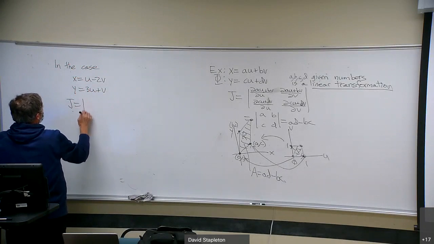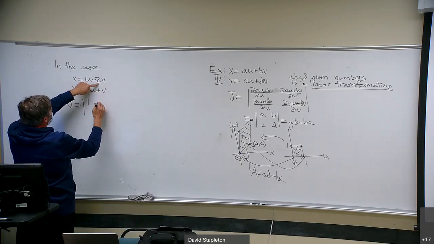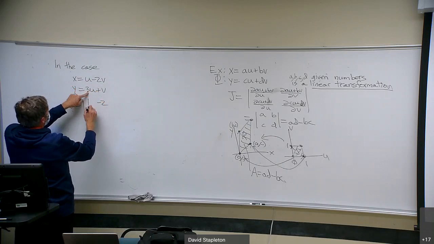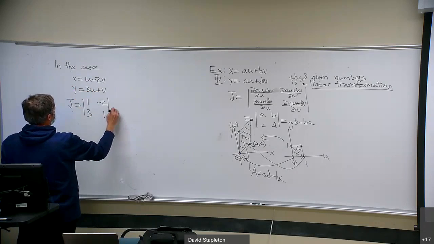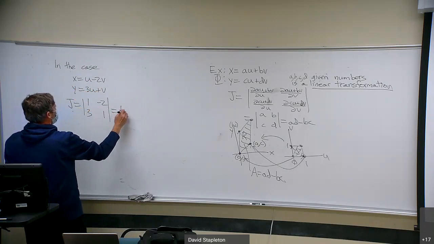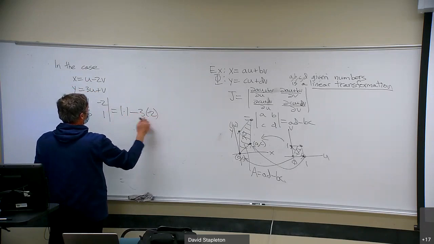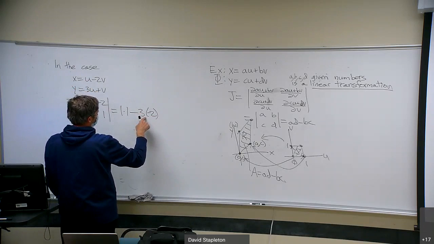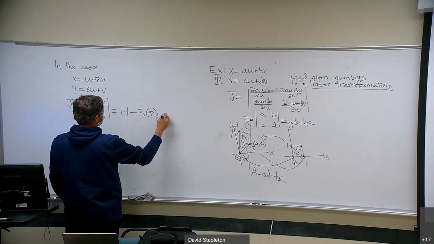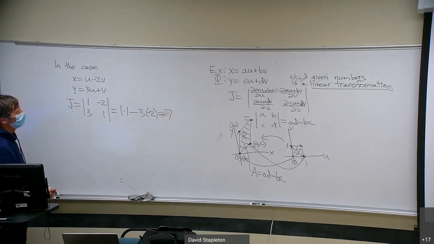The Jacobian is just the partial of this with respect to u is 1, partial of this with respect to v is minus 2, partial of this with respect to u is 3, partial of this one with respect to v is 1. You get this for the Jacobian, and then you take this times this, 1 times 1, minus this times this, 3 times minus 2, 1 minus minus 6 gives you 7. That is the Jacobian here, and that's the magnification factor between the two things.